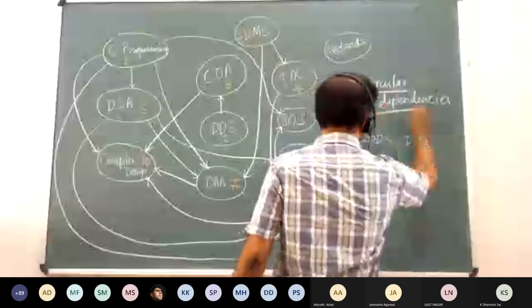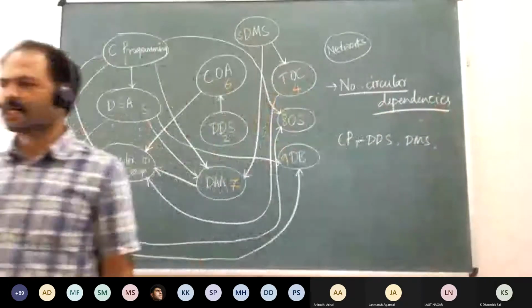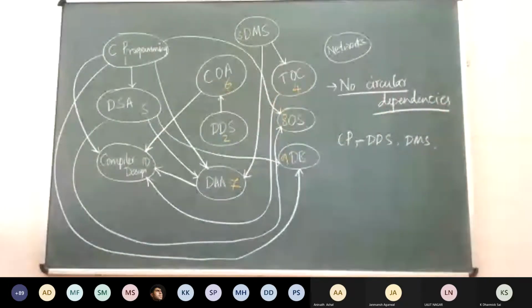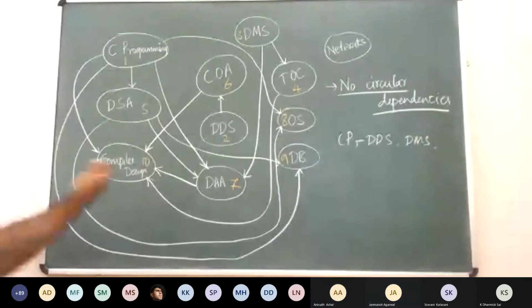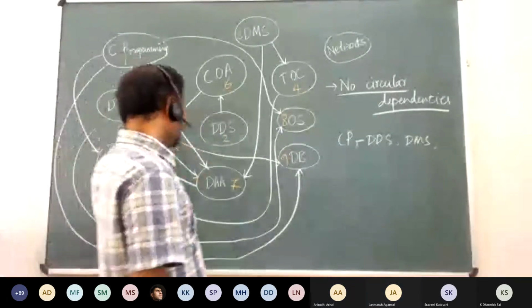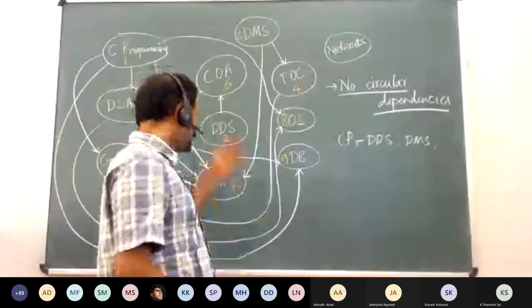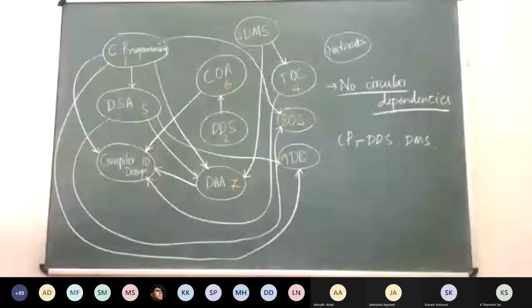Now we said that there should be no circular dependencies. What does this amount to in a directed graph? Cycles. Yeah, what cycles? Directed cycles. It's not just cycles, right? There can be underlying undirected cycles that are possible, but there should be no directed cycles.